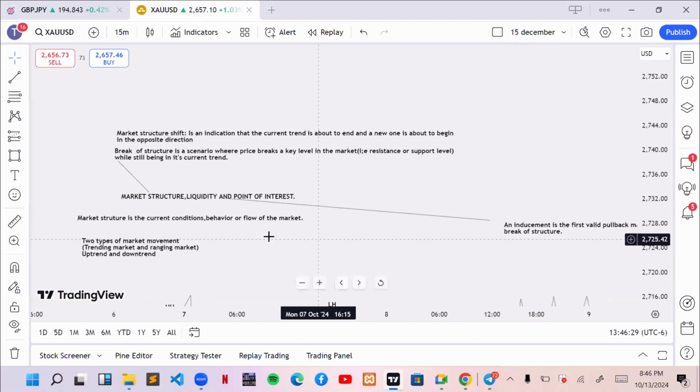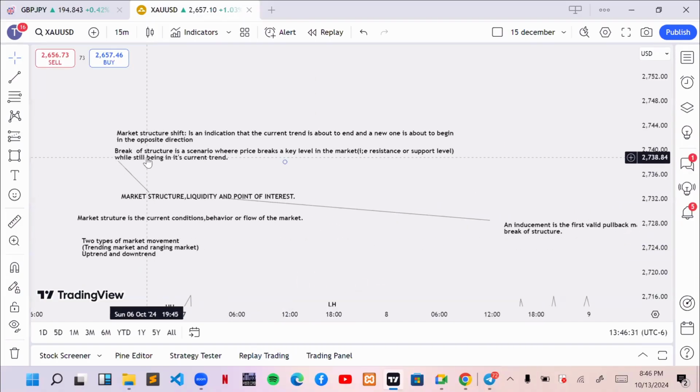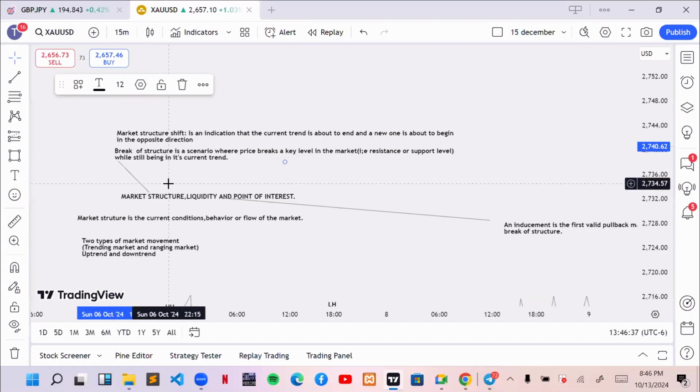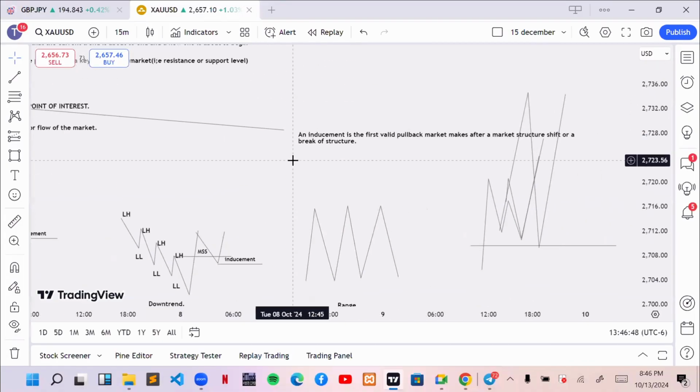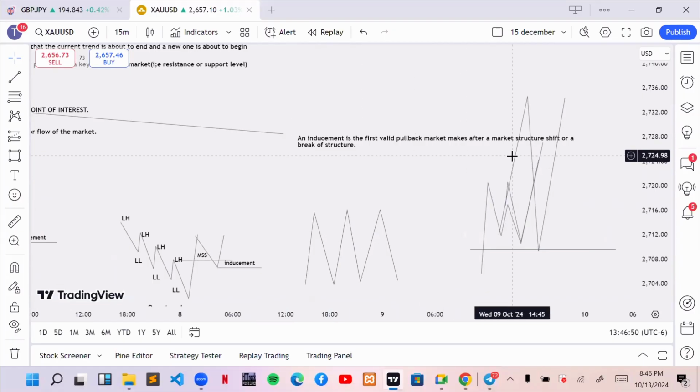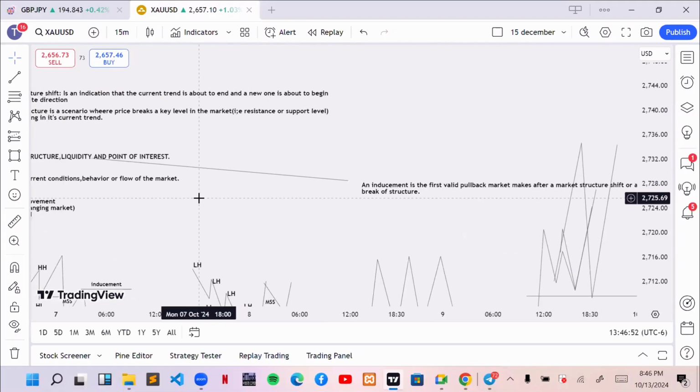So I've talked about market structure. I've talked about the 2 things I pay attention to for the market structure part of the strategy, which is my market structure shift and then my break of structure. And I talked about liquidity. I said that my liquidity for this strategy is my inducement, that the inducement is the first valid pullback that the market makes after a market structure shift or a break of structure. Now we start to talk about the point of interest part of the strategy.